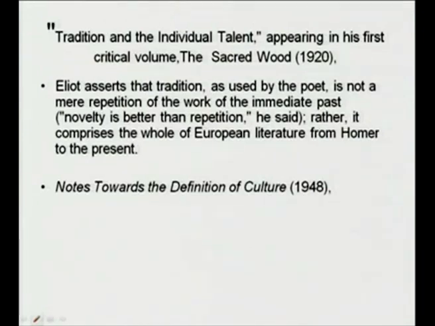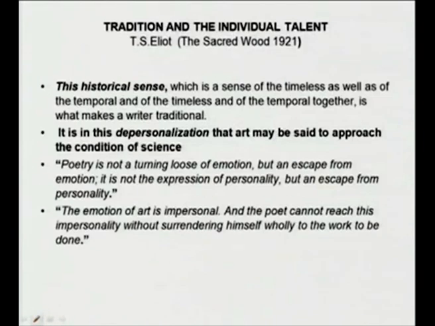in the creative process. Well, this was a famous line where he said, Eliot asserts that tradition as used by the poet is not a mere repetition of the work of the immediate past, rather it comprises the whole of European literature from Homer to the present.